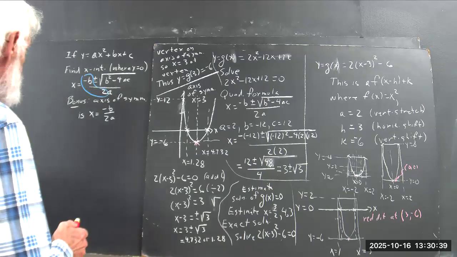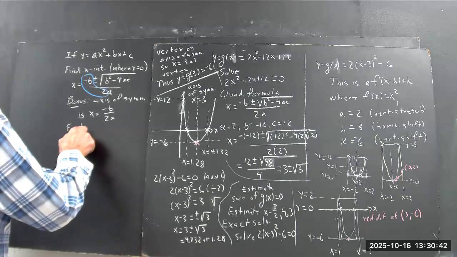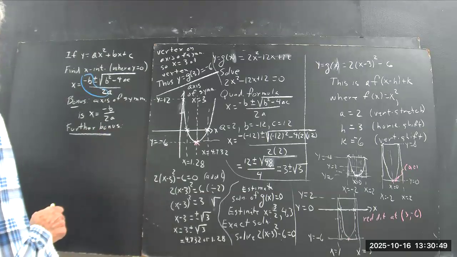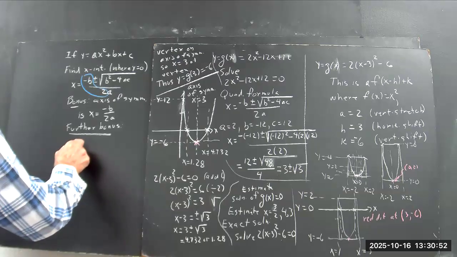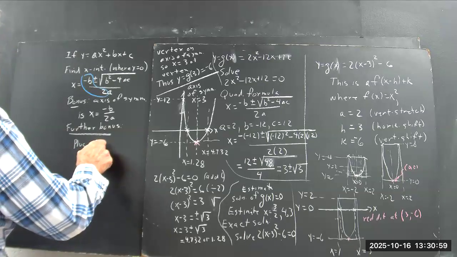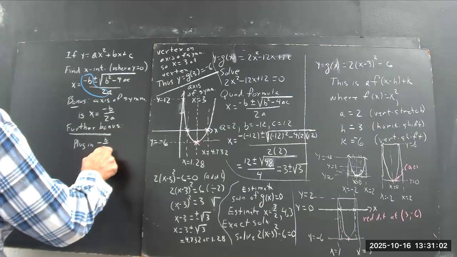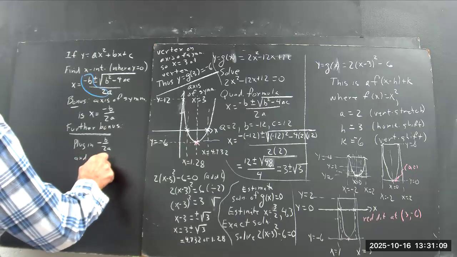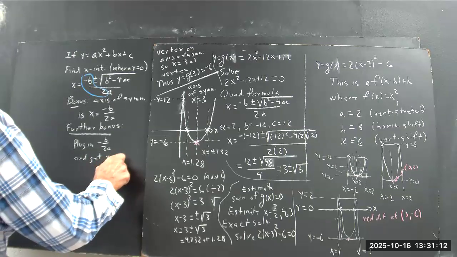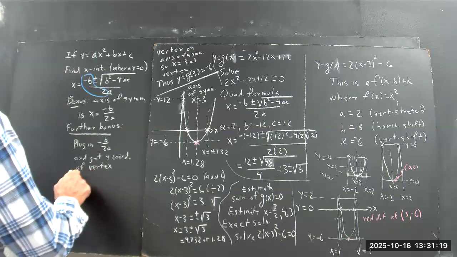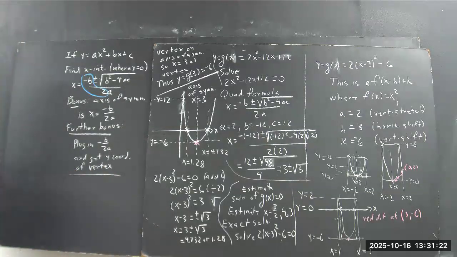All right. You got a further bonus. You plug in negative b over 2a and you get the y coordinate of the vertex, so you know where the vertex is.